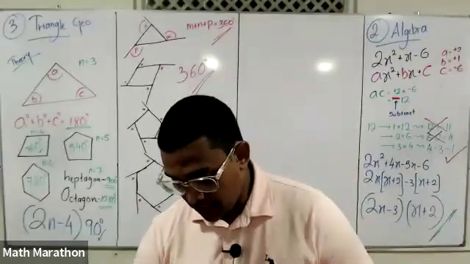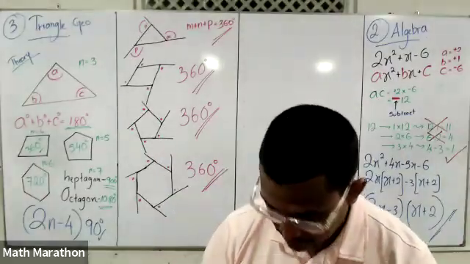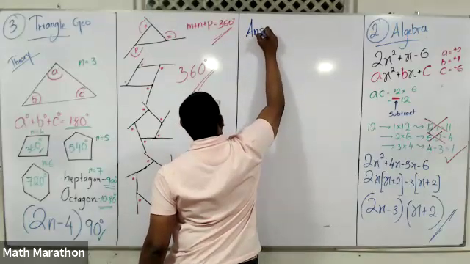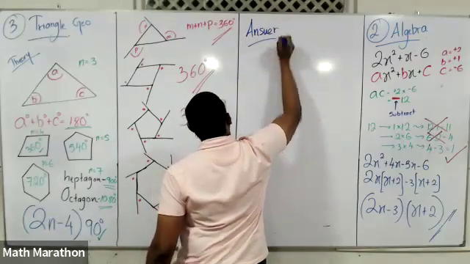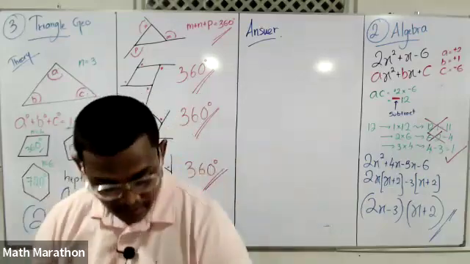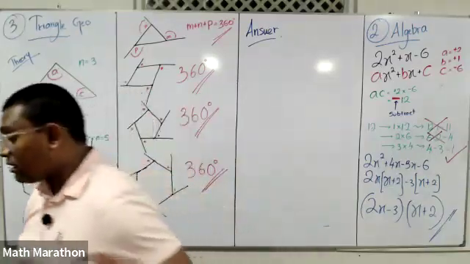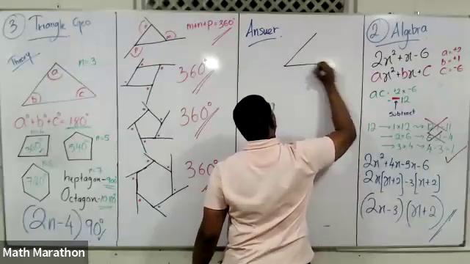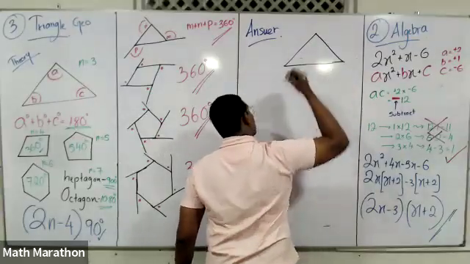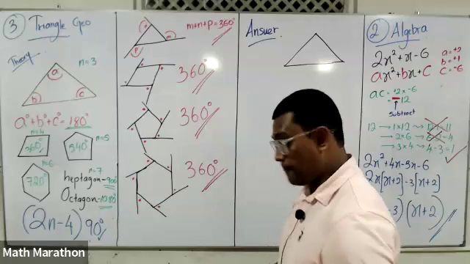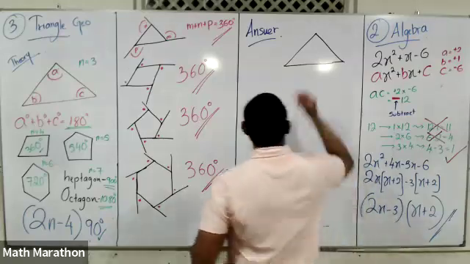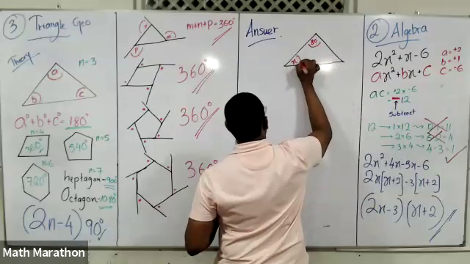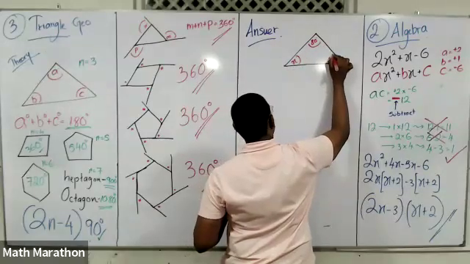So now we will go for the answer. So what do we have? I have a triangle. I have 80 degrees here, x and 3x.